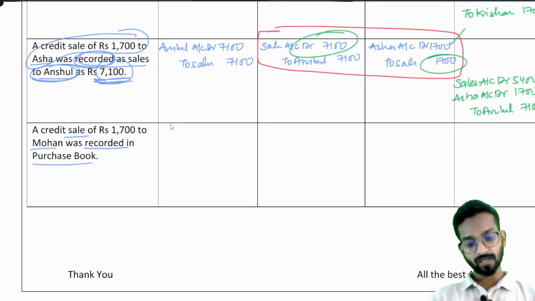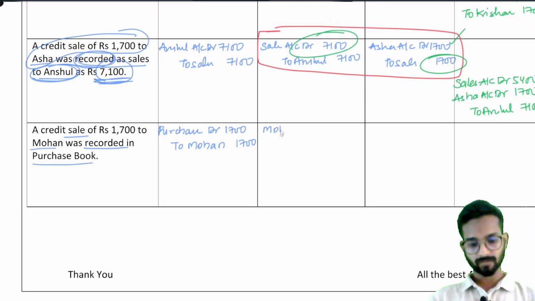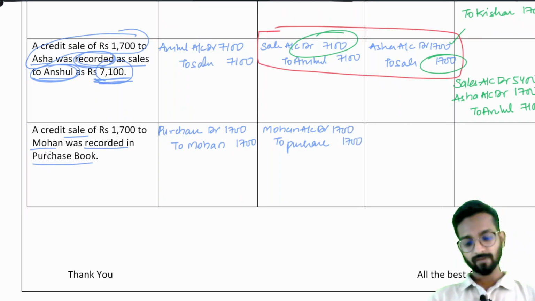So, wrongly I have written purchase account debit to Mohan 1700, 1700. This is the wrong one. I have to reverse it. So, Mohan account debit to purchase 1700, 1700. Okay. Now we have to write the correct entry.